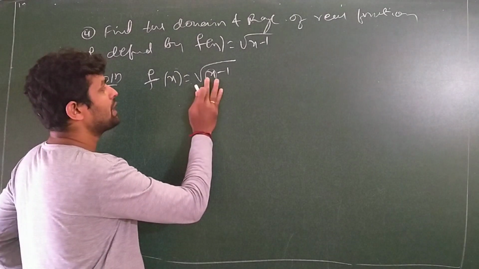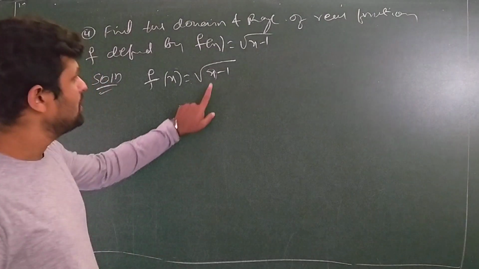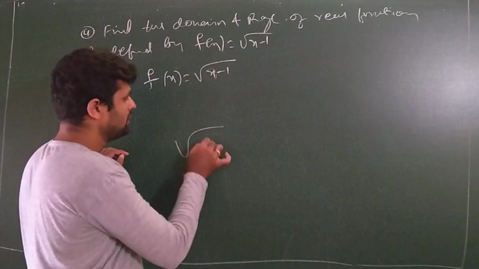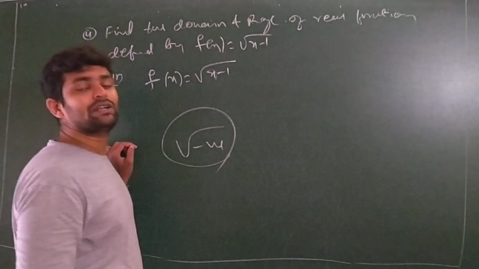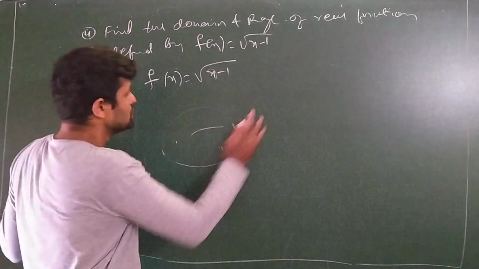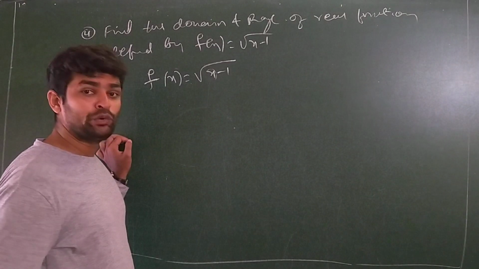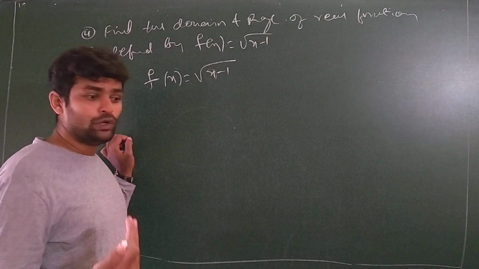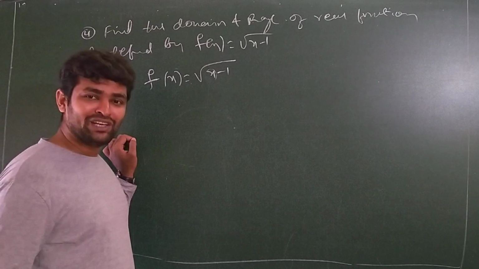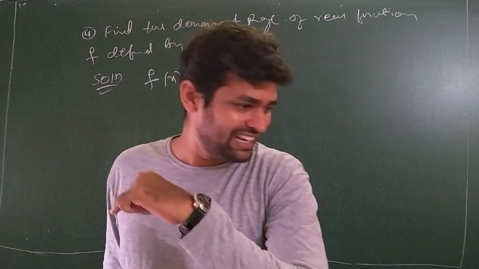But if you replace x with 0, you will get minus 1, the square root of a negative number. The square root of a negative number is not real, it is a complex, imaginary number. If I replace x with 0.1, 0.1 minus 1 is again negative, 0.2 minus 1 again negative, 0.3 minus 1 again negative, up to 0.99999 you will get negative.